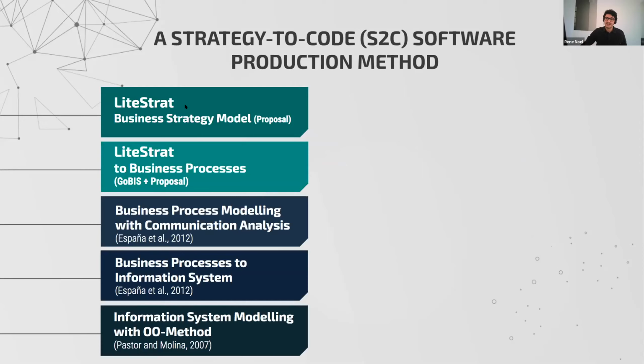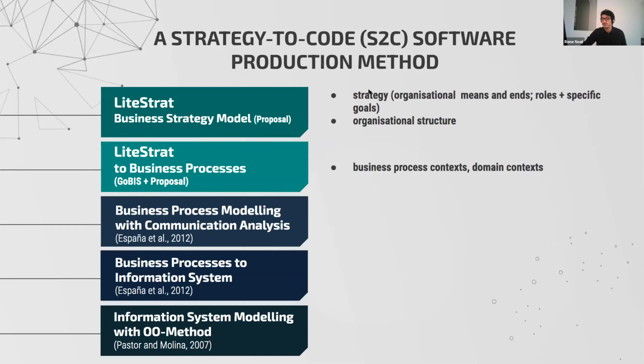We call it LightStrat as a lightweight strategy modeling method, and to connect it, extending GoBIS, with the business process modeling method in order to take this strategy and organizational structure knowledge and map it to the business process as its domain context.